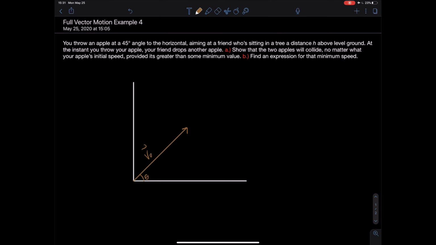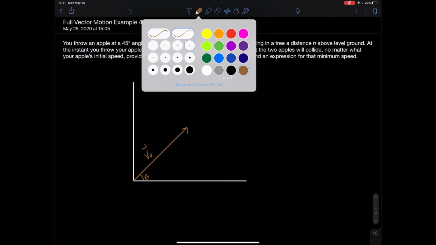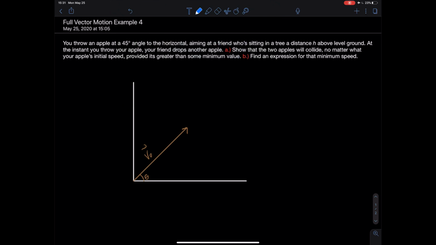All right, and it says our friend is sitting some distance away h, and so maybe he's sitting, let's say, maybe right here. And so the distance that he's sitting away is h. So if we draw this just as a reference, right here is h distance away in the horizontal.